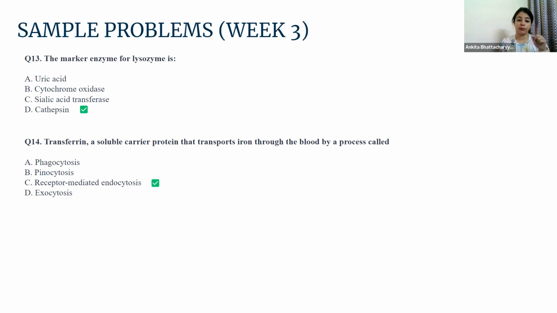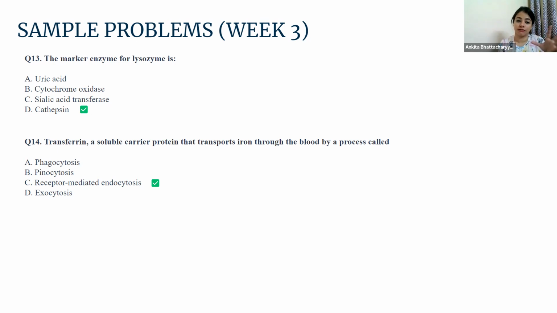But if a protein like transferrin in this case, it's a soluble carrier protein, what is it doing? It is transporting iron through blood. So it won't be exporting, so to say, iron into the surroundings, but it will actually be responsible for bringing iron into the cell.